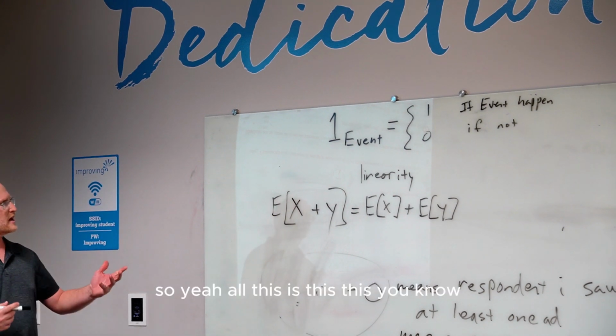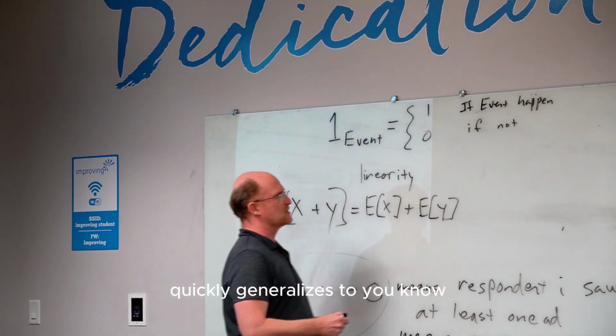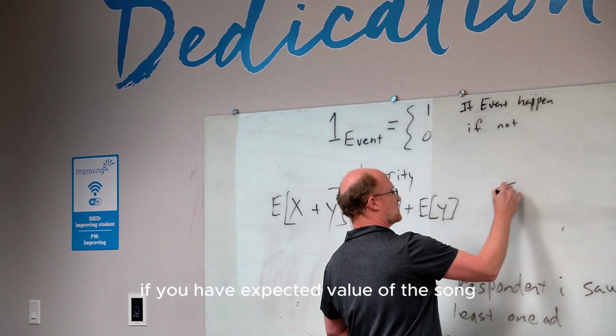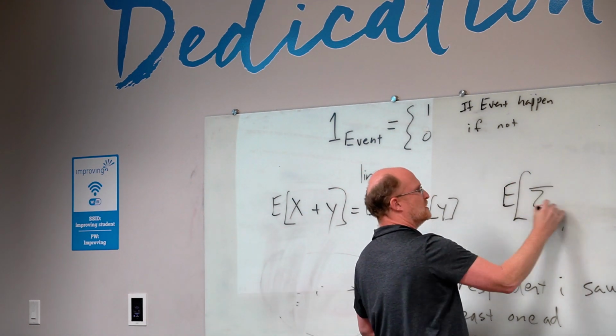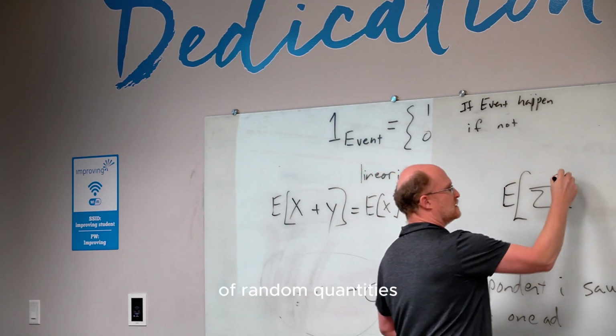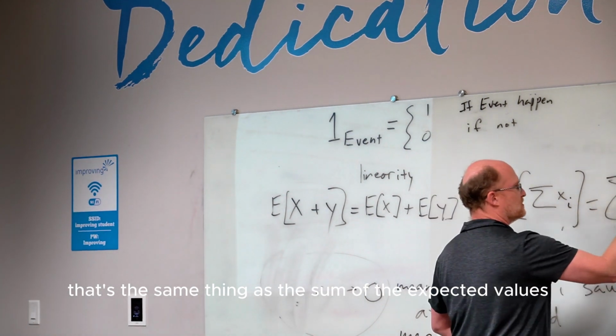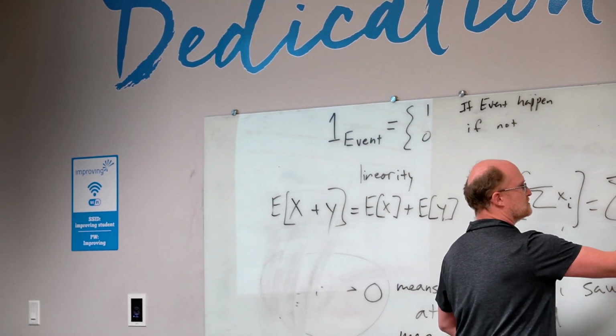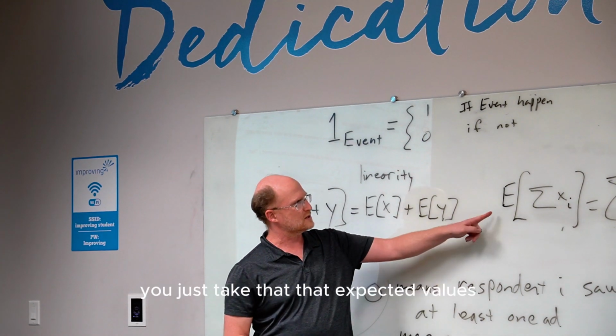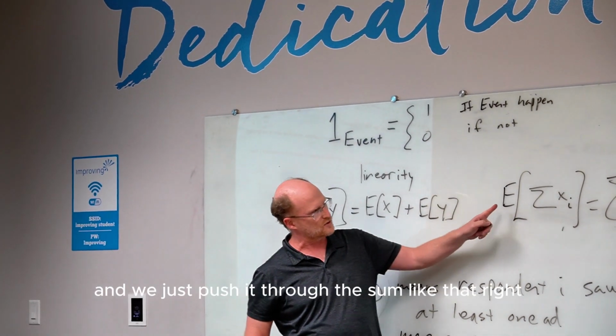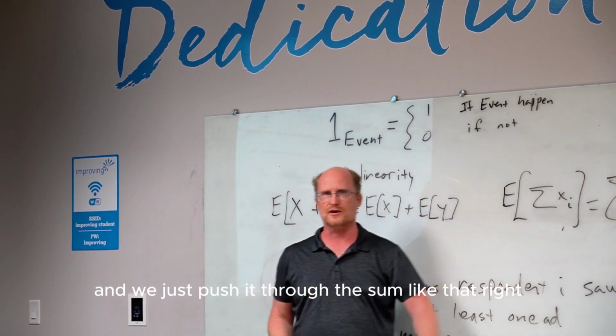All this quickly generalizes: the expected value of a sum of random quantities is the same thing as the sum of the expected values. You just take that expected value symbol and push it through the sum.